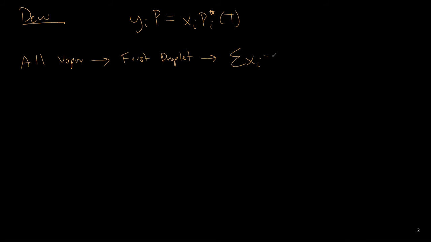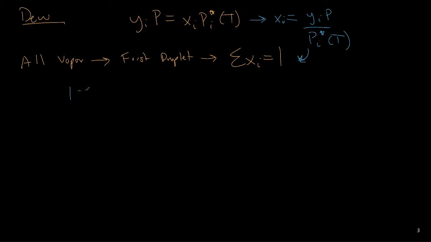So in this case, for consistency, the summation of xi is going to be equal to 1, so that we know the composition of the liquid is made up of A and B. So we can rearrange this expression to get xi, where xi is equal to yi P divided by Pi star, which is the vapor pressure.